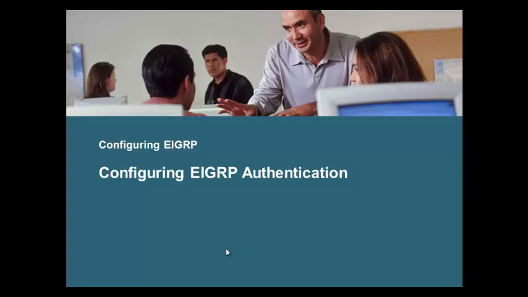This chapter is about EIGRP authentication. EIGRP supports MD5 authentication. Authentication is good. Before we accept a neighbor, we authenticate the neighbor. Why? The neighbor will give you routes.